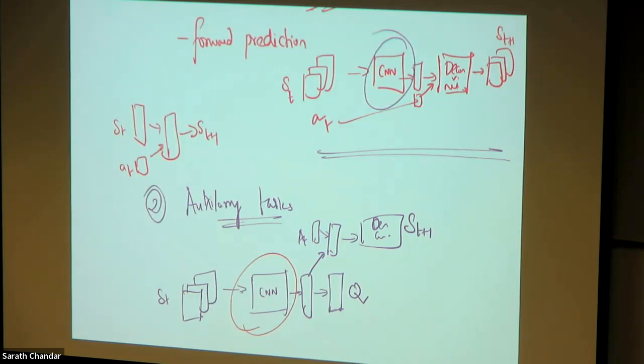So here's the thing. Typically, when you treat representation learning as an auxiliary task, we don't really care about the final performance of forward prediction. We will always care about the final performance of the task that we care about, which is estimating Q values.